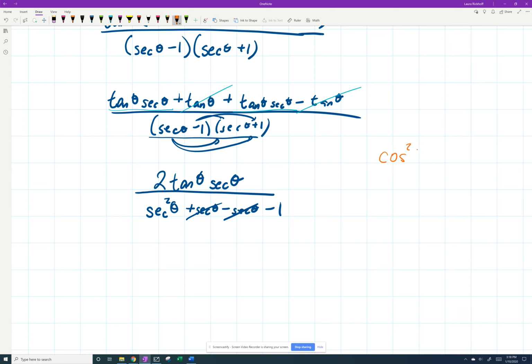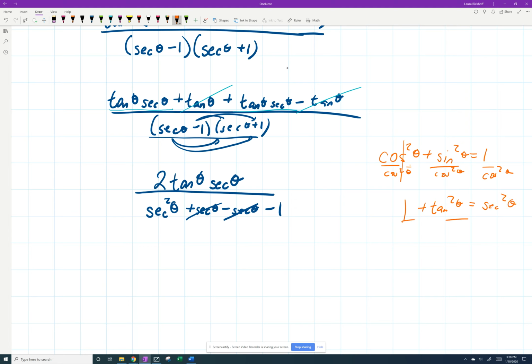So if you don't know that one, you know your Pythagorean theorem identity, and you know if you divide every piece by, I want secant, so I'm going to want to divide by cosine squared.